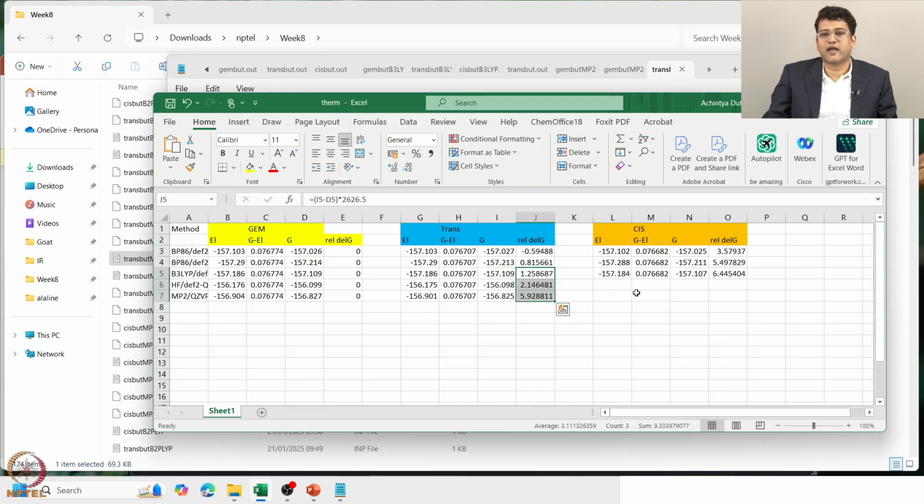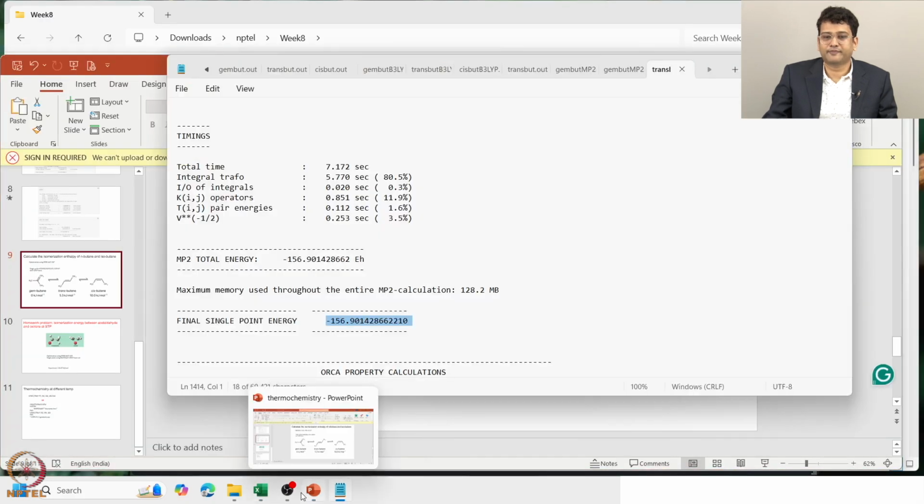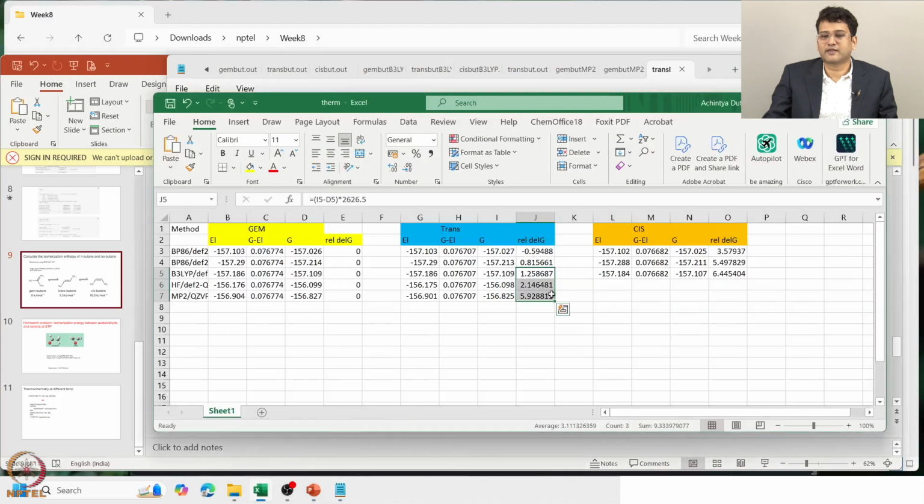Actually, you can see that here in the wave function based methods, the trans contribution comes out pretty good. The experimental value is actually 5.3. So in a sense, this gives pretty good agreement with the experiment.